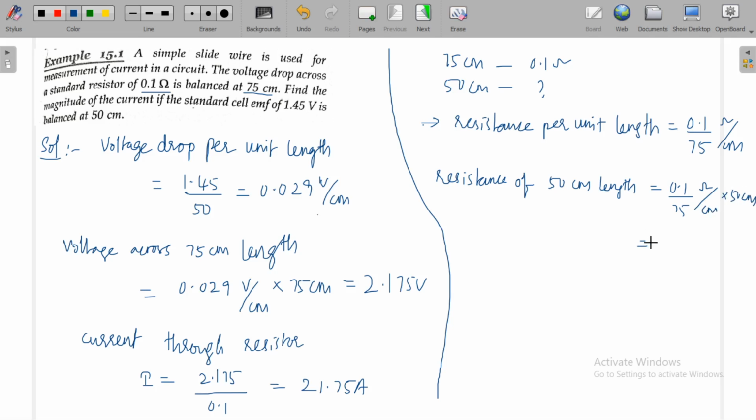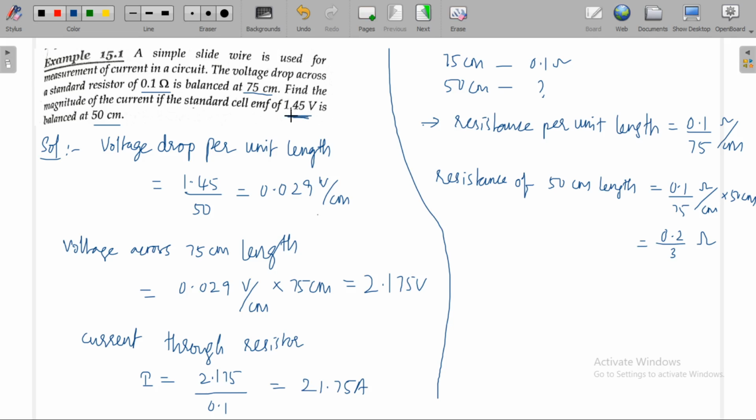Then you are going to get 0.2 by 3 ohms. So the resistance of 50 centimeters length of wire will be equal to 0.2 by 3 ohms.